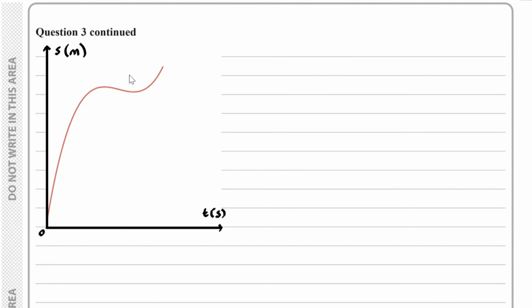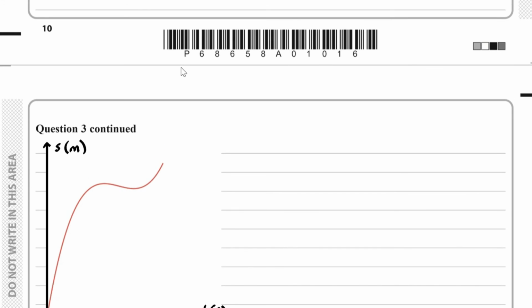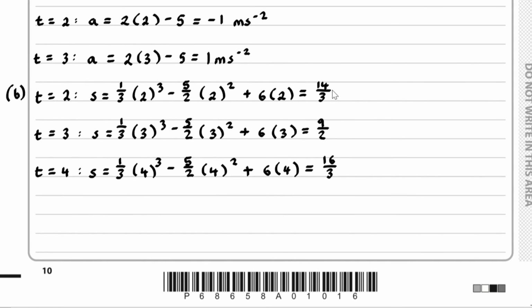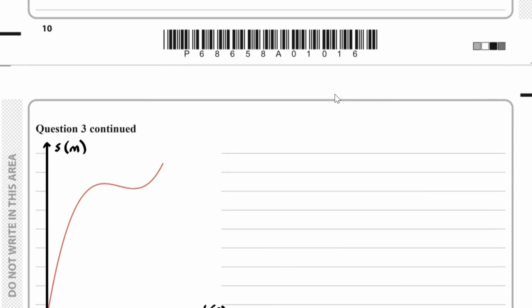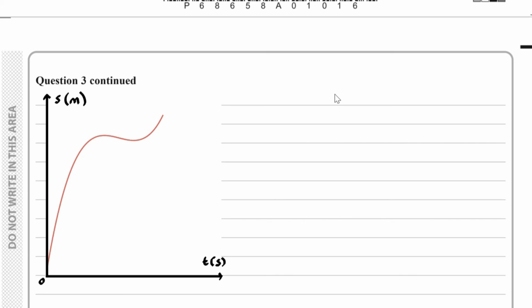So here we've got the graph of s of t. Now I know that when t equals 2, I have 14 over 3. So at this point, I have 2 and 14 over 3.